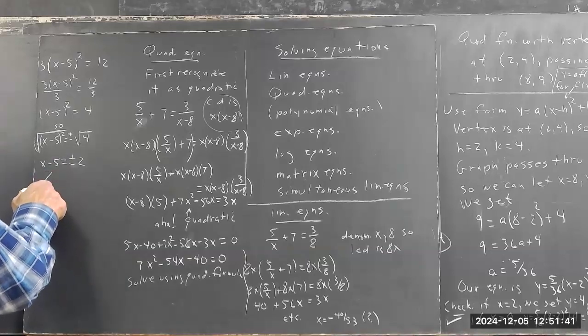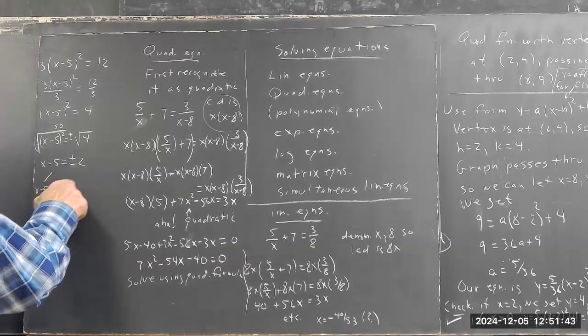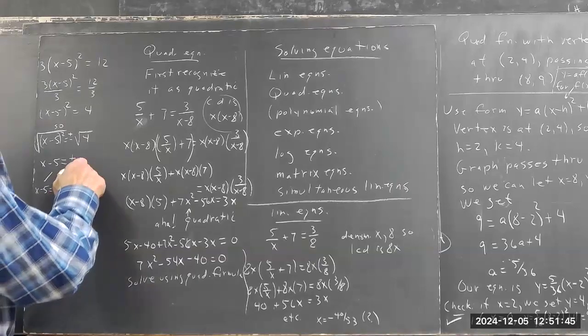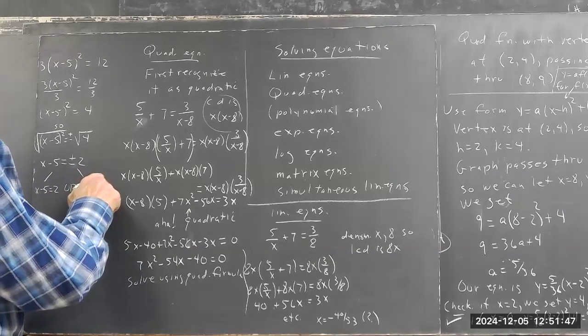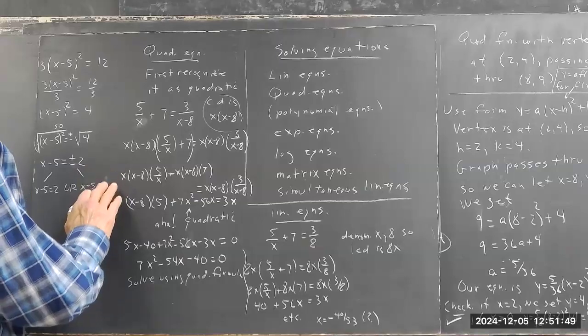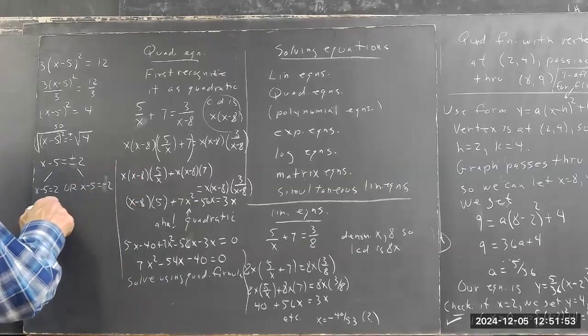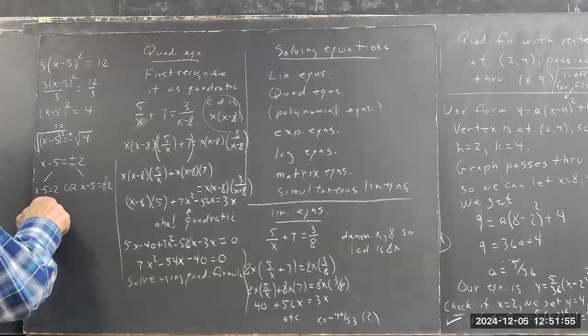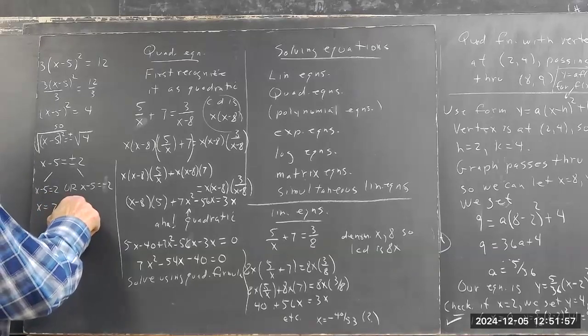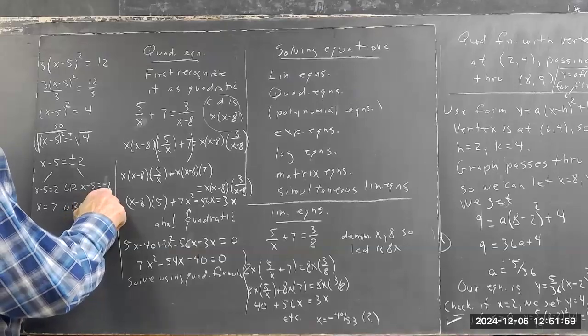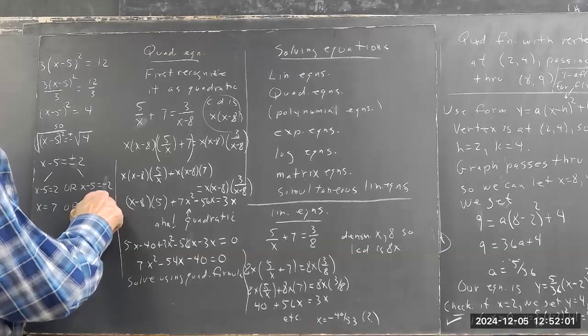So x minus 5 equals 2, or x minus 5 equals negative 2. So that x equals 7, or x equals 3.